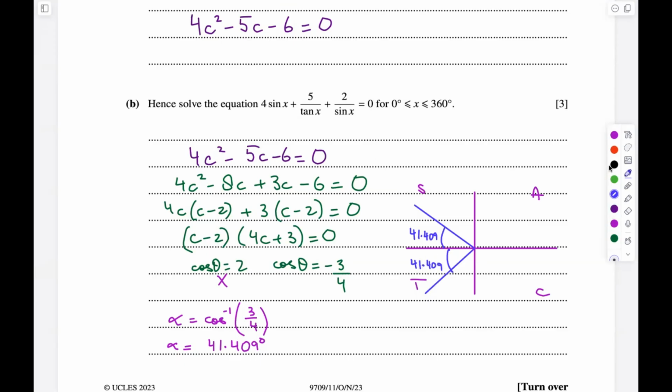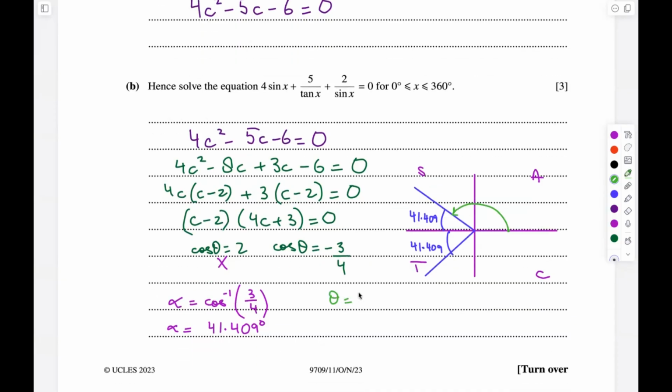To find x, we'll measure the angle anti-clockwise from the x direction. So the first answer will be 180 minus 41.409. And the second angle will be 180 plus 41.409.